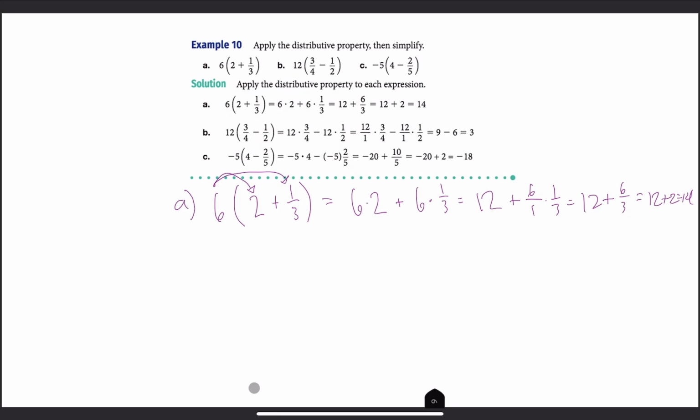All right, let's do another example. 12 times 3/4 minus a half. I don't know what 3/4 minus a half is, but I know I can use the distributive property here.